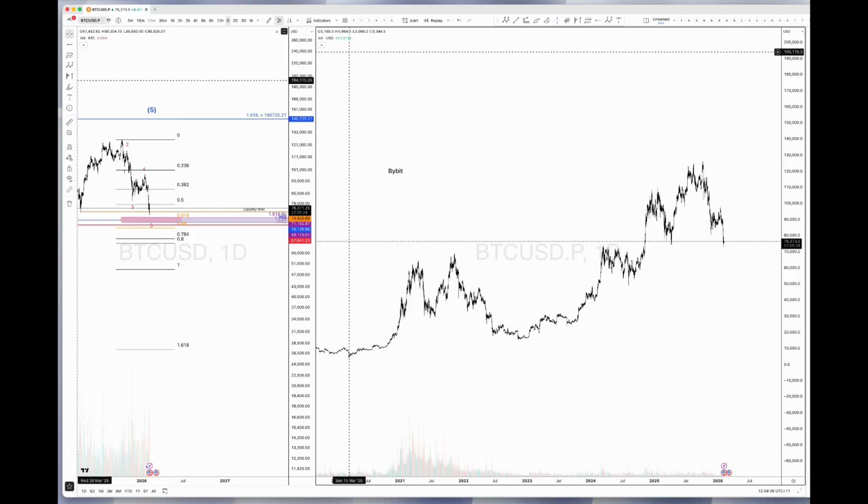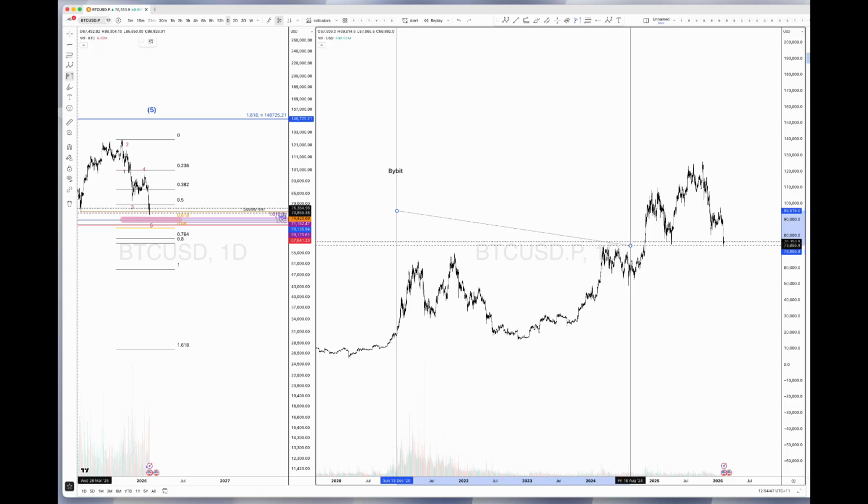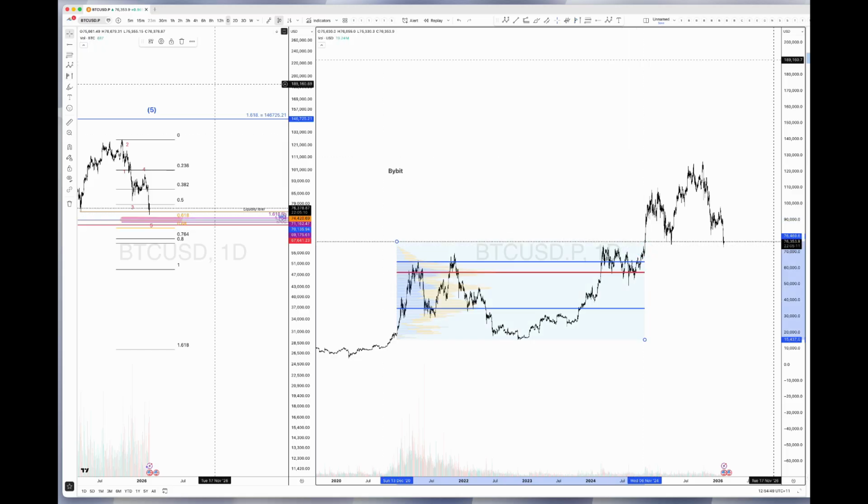So if we get our fixed range tool, from there all the way to this level here, you can see how that works out differently with Bybit.